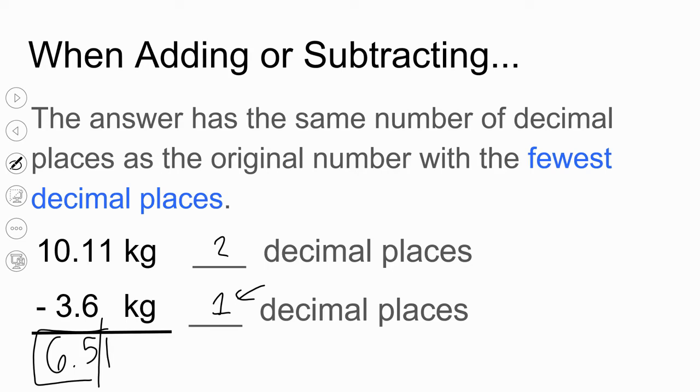Okay, let's try that. If this ended up being like 6.15, then we would be getting rid of the 5, so we would round up. So 6.2. Yep, good.